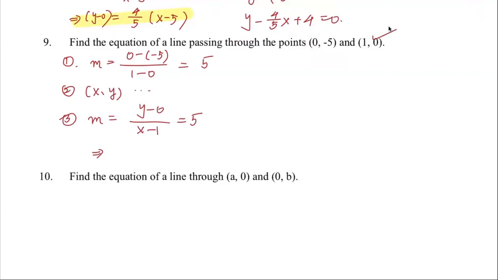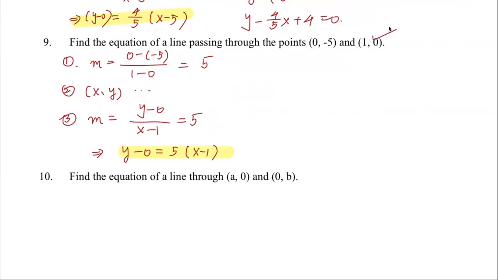So this is equal to, you can do all the point slope form again, but you can also skip that, right? Let me just do it. So y minus 0 is equal to 5 times x minus 1. So this is the point slope form, right?